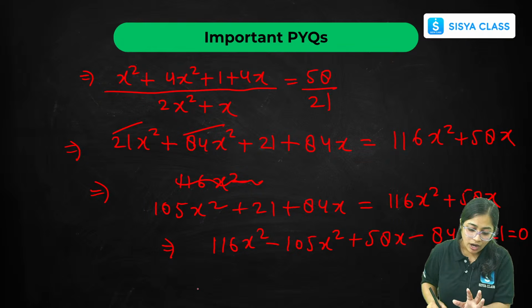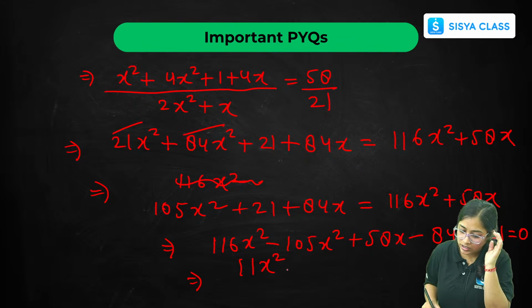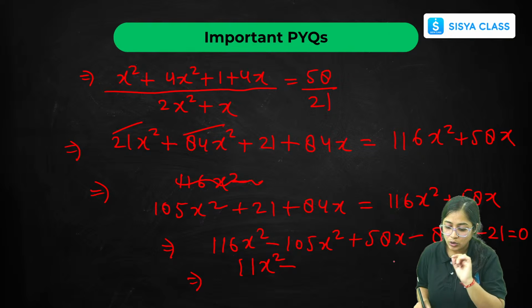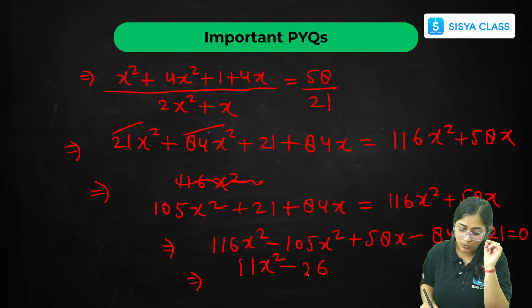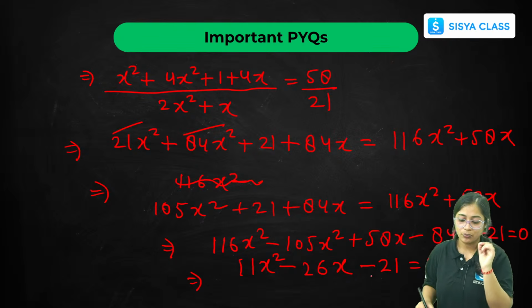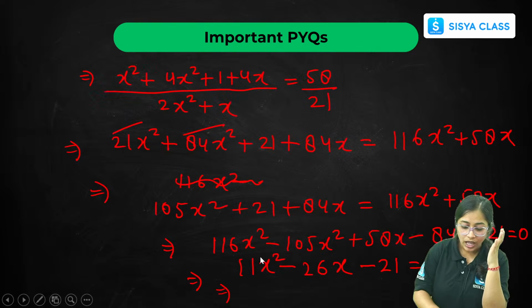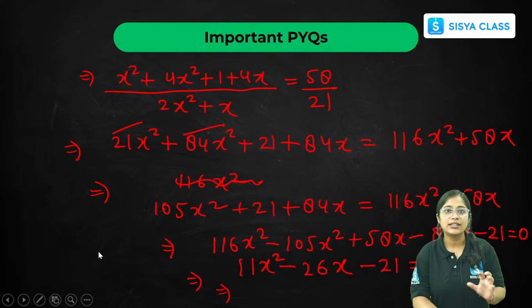After subtracting, what will you get? So it is 11x square minus 26x minus 21 equal to 0. Now after simplifying it, you will get 33 and 7.